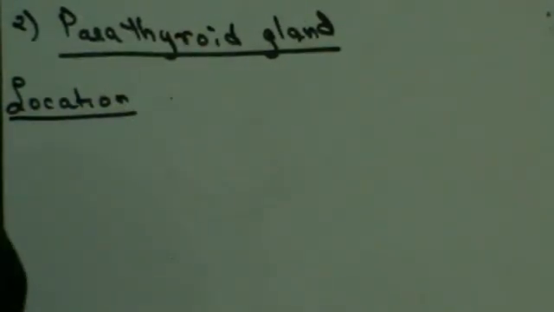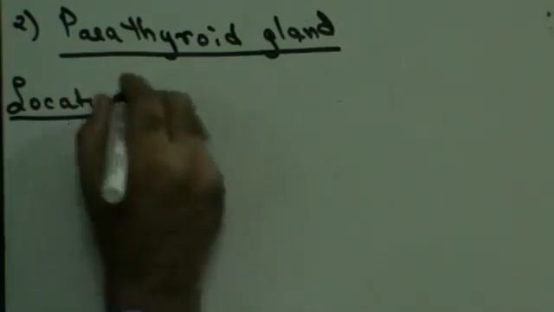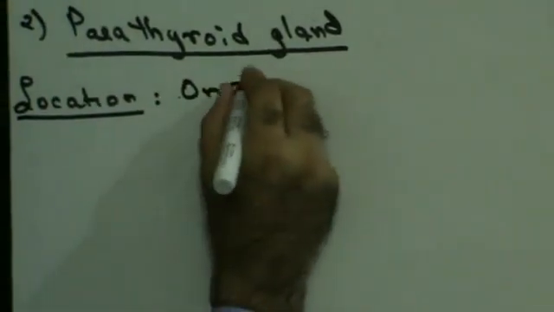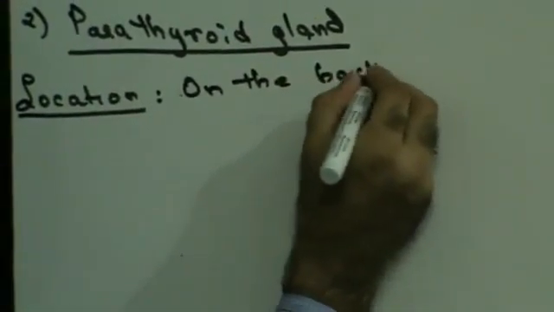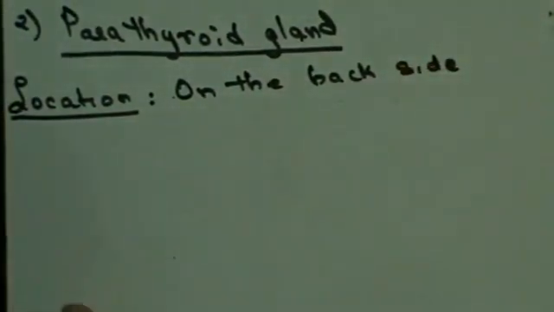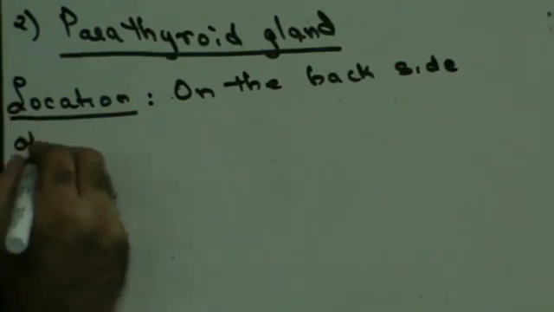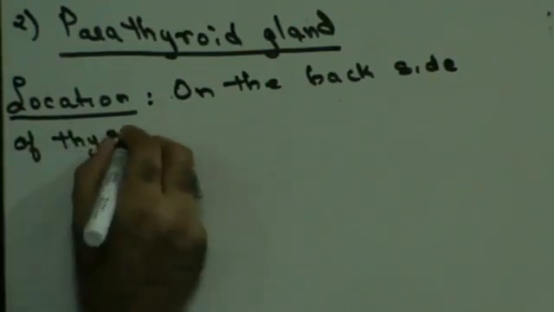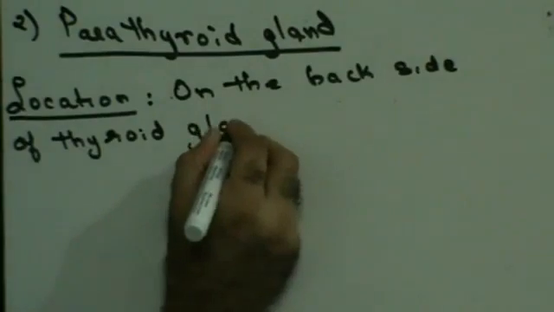The parathyroid gland is located on the back side of the thyroid gland, and there are two pairs of parathyroid glands, one present on each lobe, on the back side of the thyroid gland.